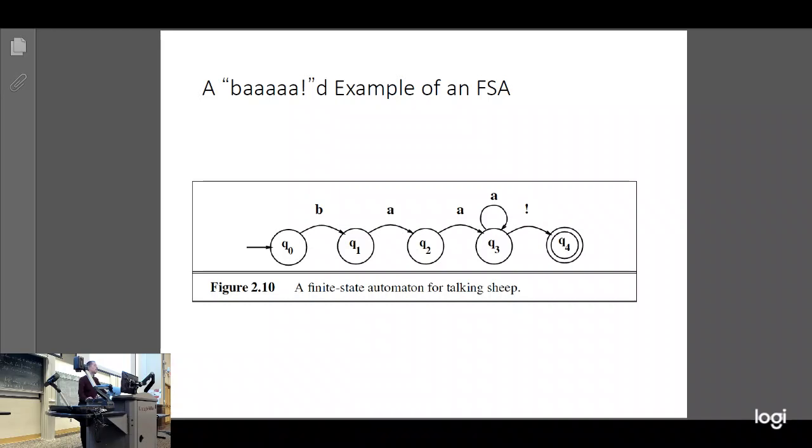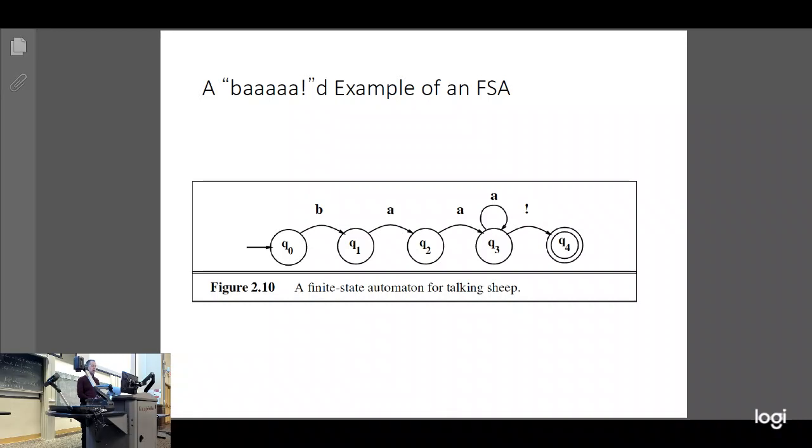So who can tell me some strings that would be accepted by this FSA? What is the shortest string that it will accept? B with 3 A's. Okay, is that the shortest one it will accept? It will accept B with 3 A's followed by an exclamation point. But that's not the shortest string it will accept. Yes? B with 2 A's followed by an exclamation point.